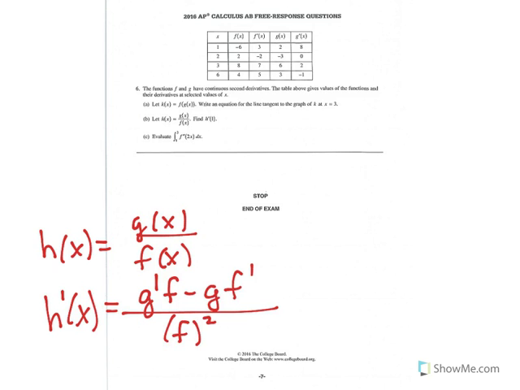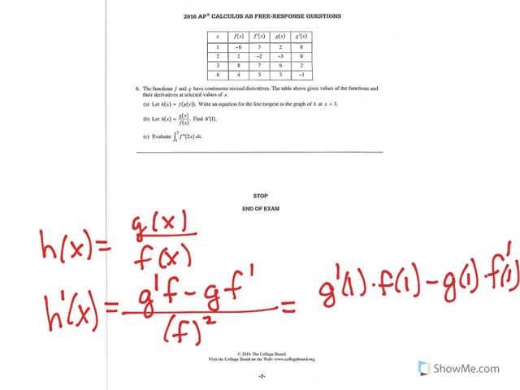I left out the x's when I wrote them in there, but I could write those in. So to find this, I've got to find g prime of 1 times f of 1 minus g of 1 times f prime of 1, all of that over f of 1 squared. I use the quotient rule to do so. A lot of stuff to fill in. Let's make sure we get these right.